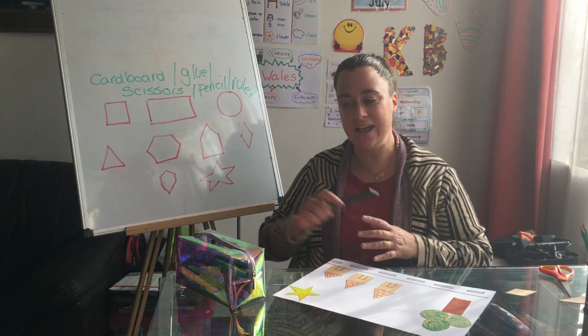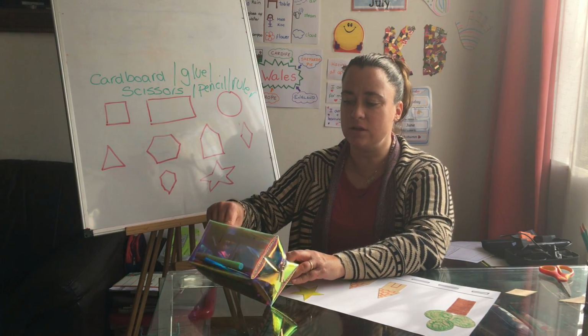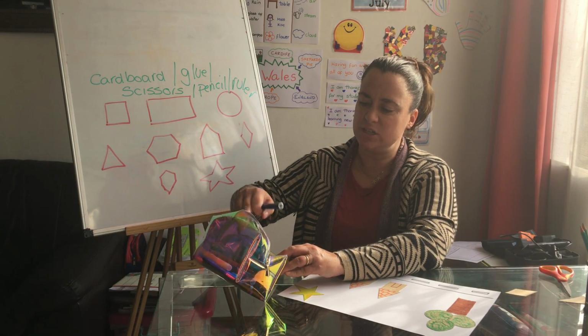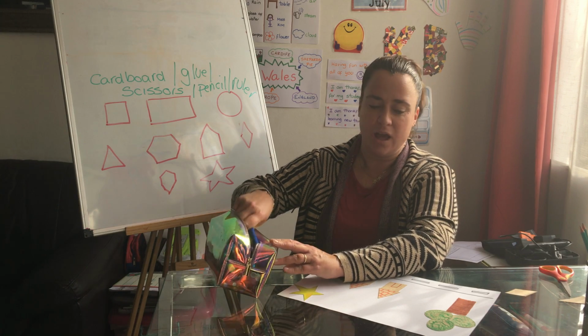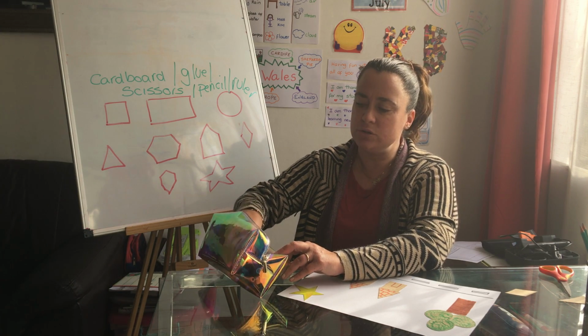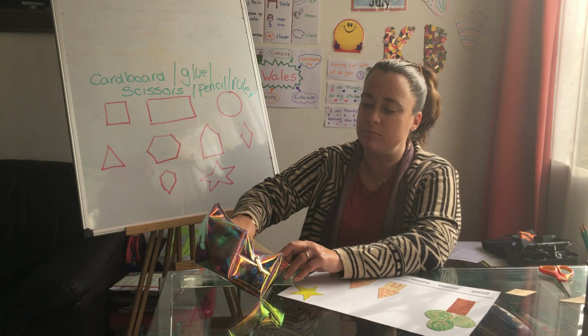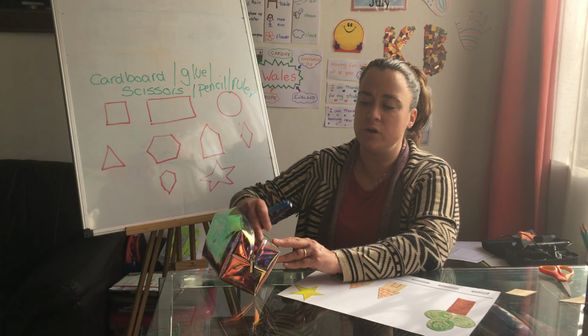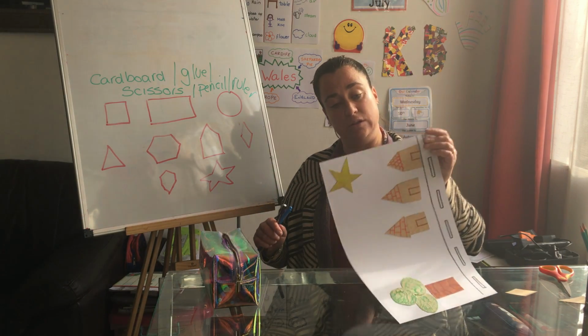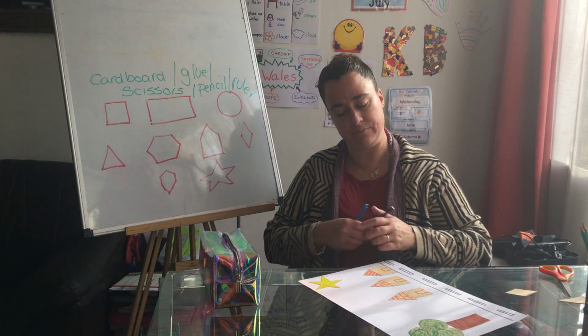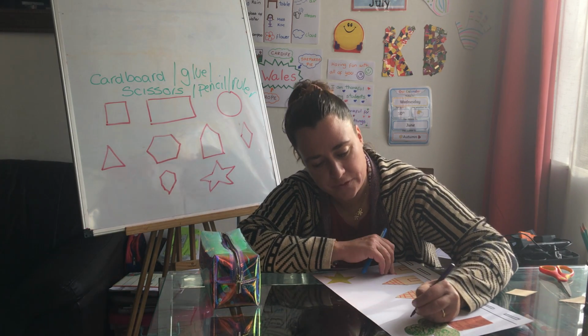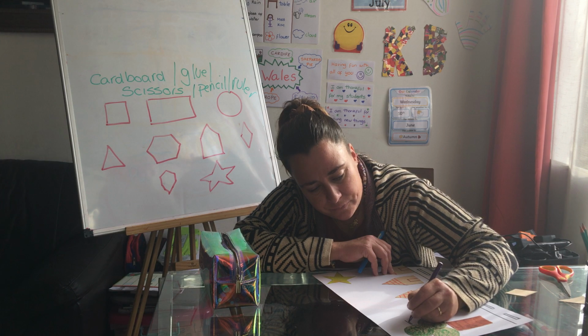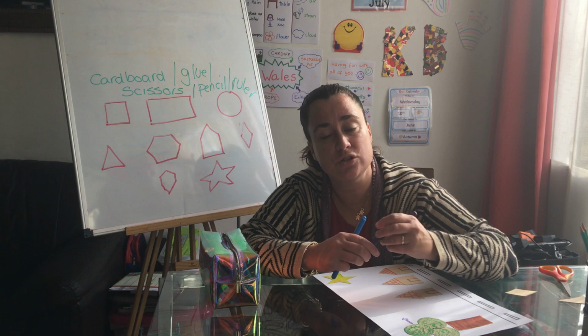Okay. Now, what do I want you to do now? This is the complicated part. Well, not actually complicated, but I want you to write the name of each one of the shapes that we've got here. For example, here I've got circles.